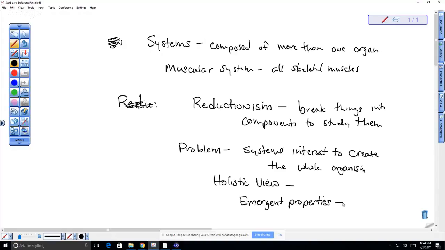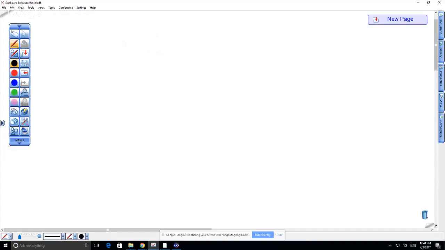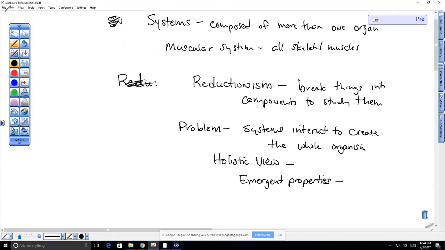So emergent properties, how would I define this? Emergent properties cannot be explained maybe by looking at the parts. Oops, I just lost that. Well, where did it go? Let's see. There we go.